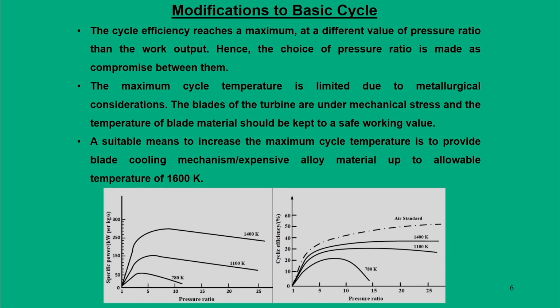Another topic of interest which we discussed in the last class is that the specific power or power output and cycle efficiency are functions of pressure ratio as well as temperature ratio.